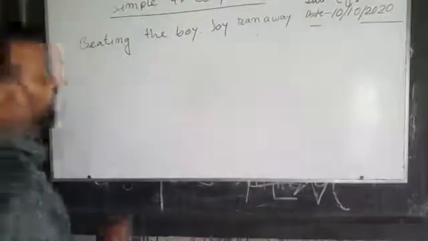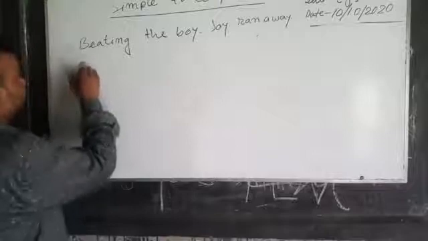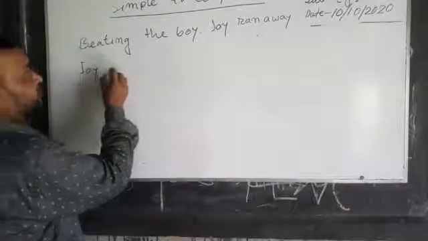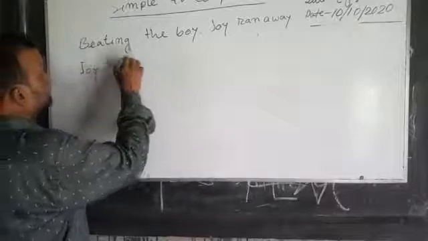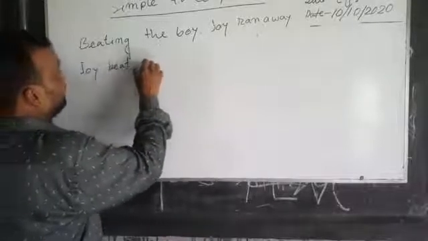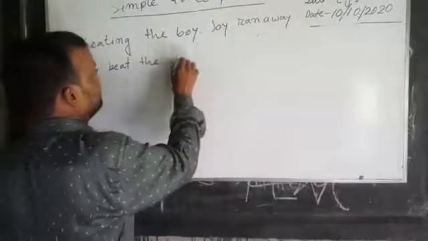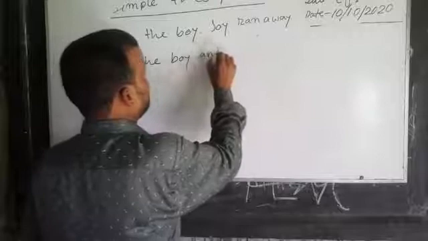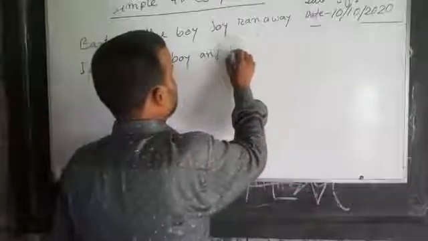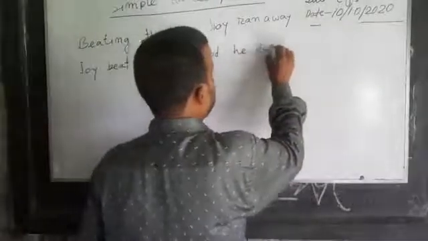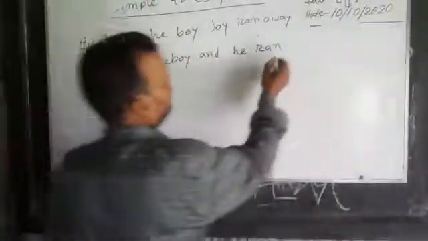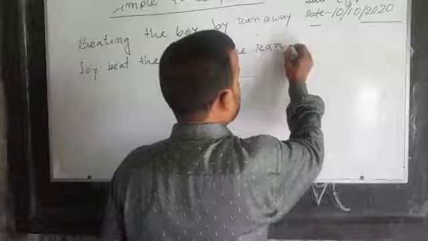So at first we have to use Joy beat the boy and he ran away.